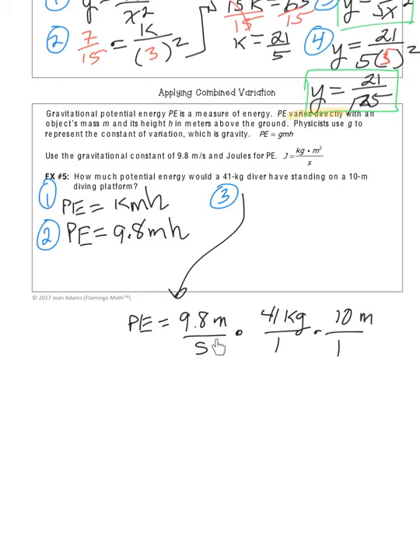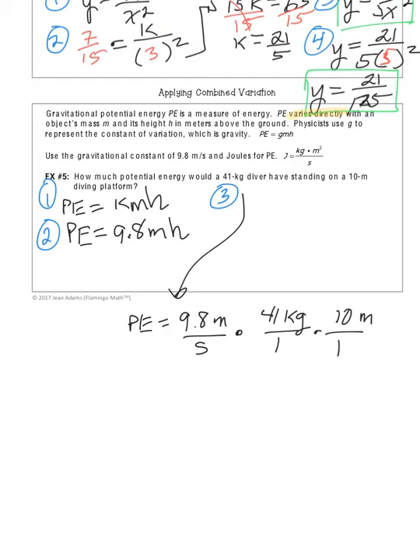So note here that meters times meters is going to be meters squared. There's the meter squared. Kilograms, there's my kilograms. And then seconds is the only one left in the bottom. So all I have to do is take 9.8 times 41 times 10. Since there's a decimal in the original problem, if you get a decimal answer, you're welcome to keep it.